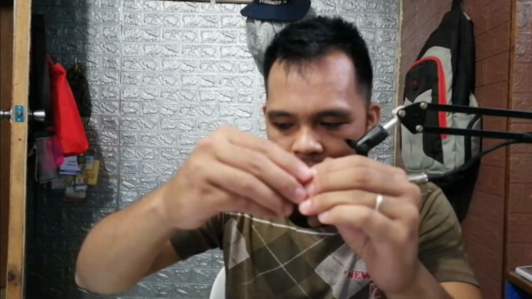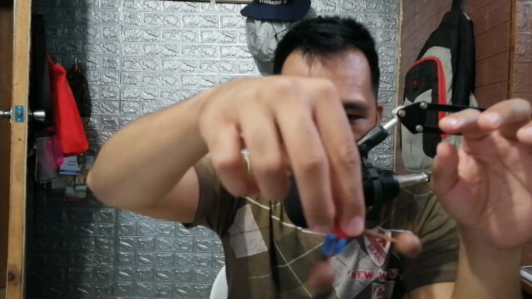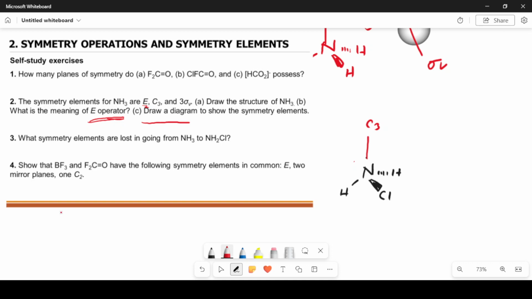Let me show you how. This is our ammonia. You replace one with a different atom, such as chlorine. If you rotate this by 120 degrees, is it still the same? Is it indistinguishable from its previous configuration? It changes, because the blue one that was here moved to the top. Therefore, it's not. What was lost is our C3. Another, two sigma V were lost. Why? Because only this one remains as a sigma V. It can't be the others because we have different atoms here.